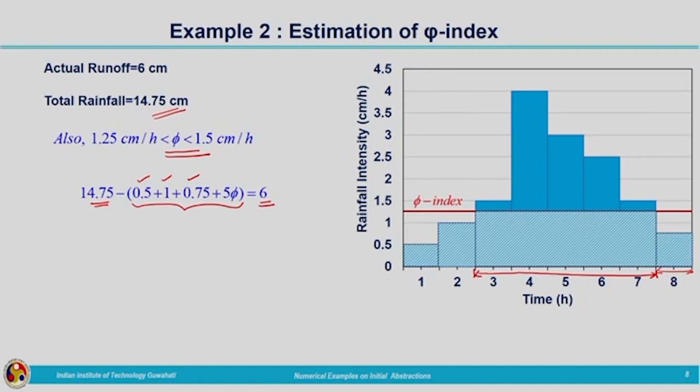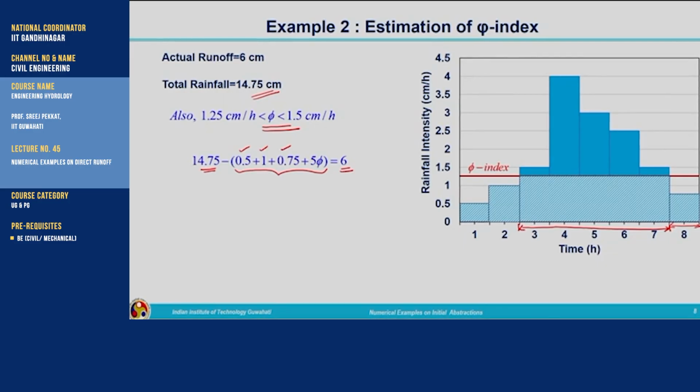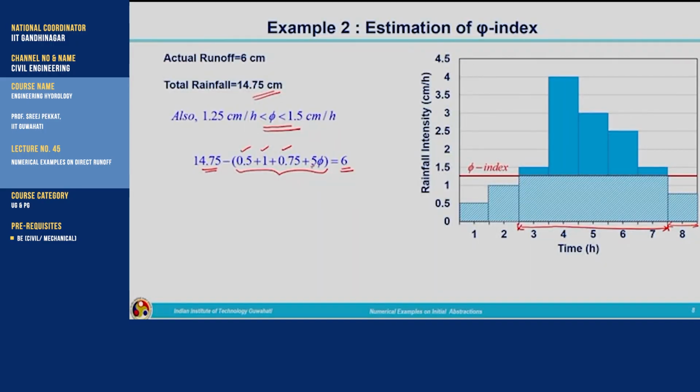So, for that we can compute the quantity by multiplying the phi index with the corresponding time interval. How many hours are there between 2 to 7? It is 5 hours, and the constant rate of abstraction is phi centimeters per hour.